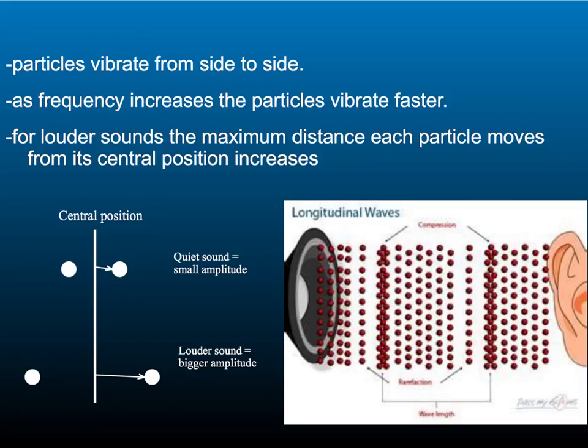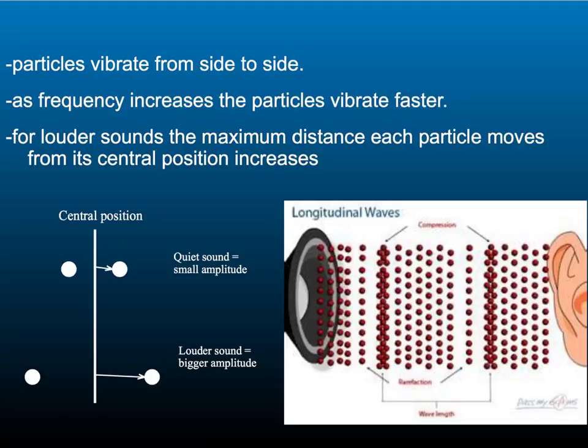The particles in a longitudinal wave vibrate side to side. They are closer together at a compression and further apart at a rarefaction. If the frequency of the wave increases, the air particles vibrate more rapidly. If the sound is louder, the particles vibrate with a greater amplitude. For louder sounds, the maximum distance each particle moves from its central position increases.